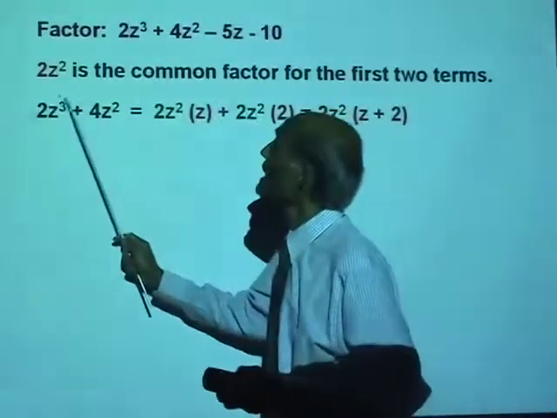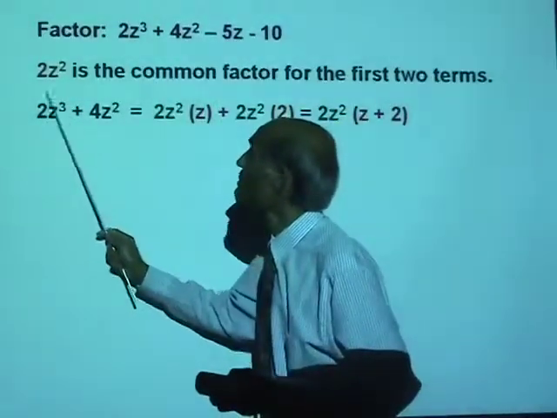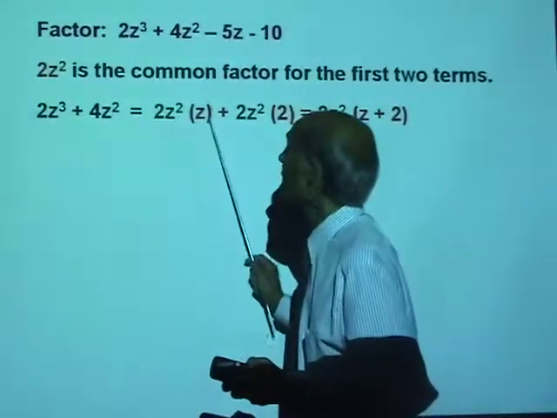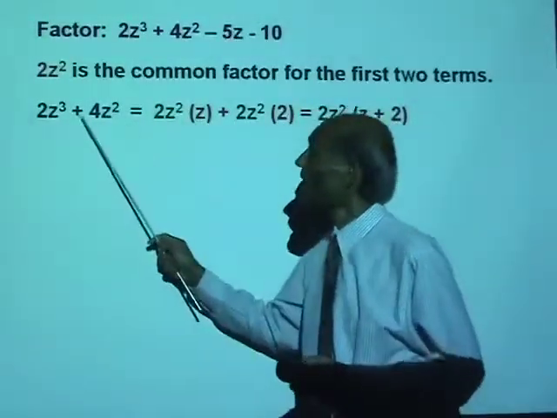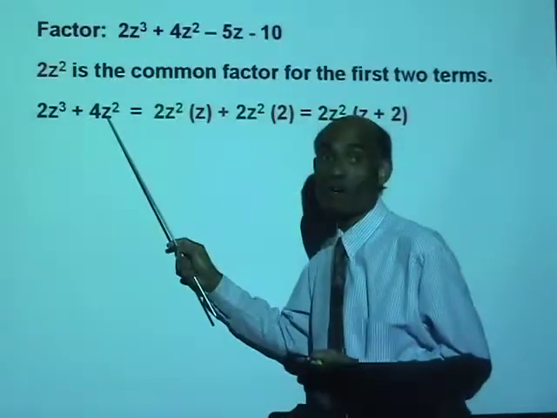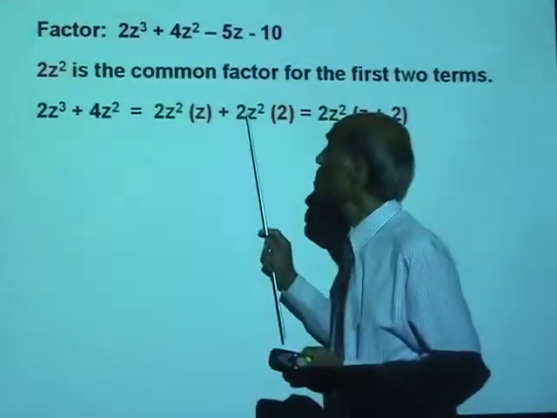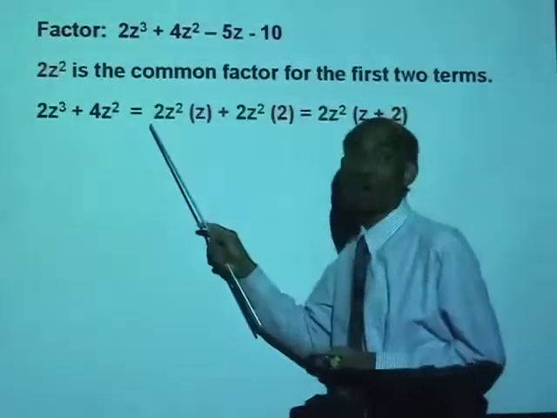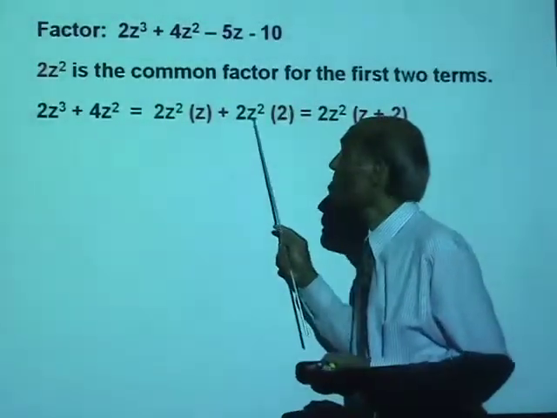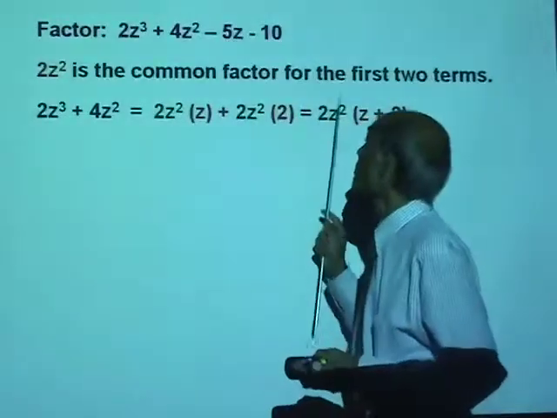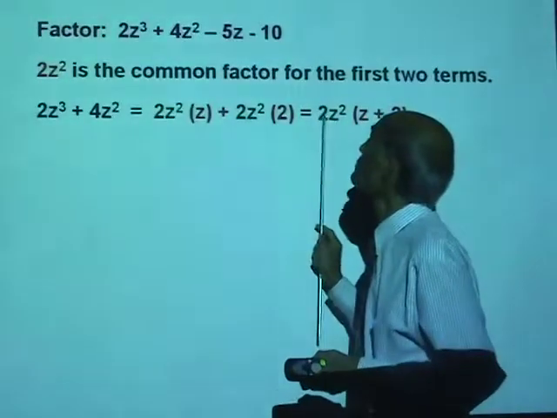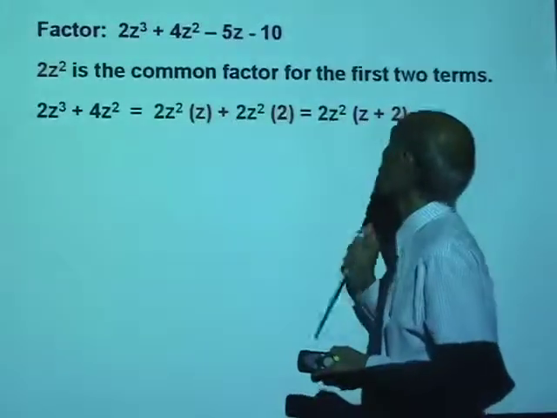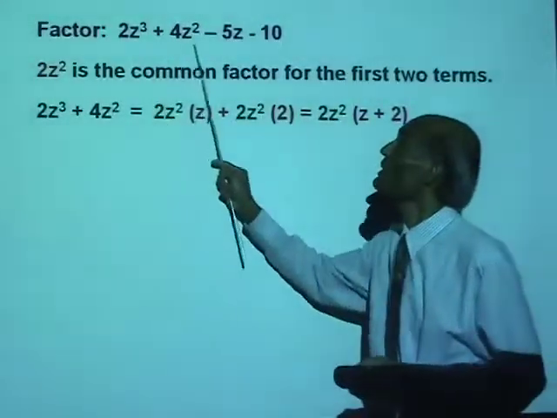And we can therefore write 2z cubed as 2z squared multiplied by z, and plus 4z squared as 2z squared multiplied by 2. So we have 2z squared common there. Pulling that out gives me 2z squared times z plus 2. And that is the first two terms.